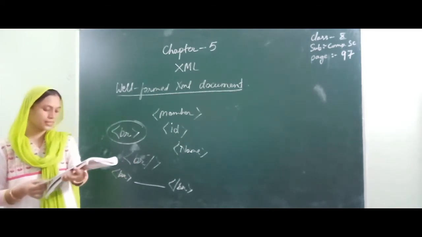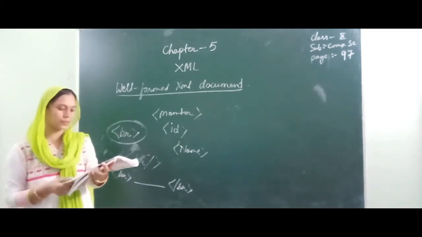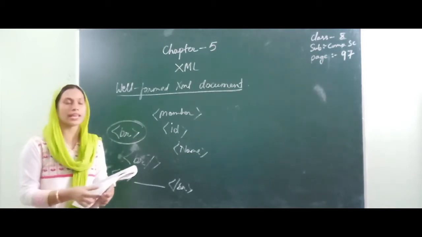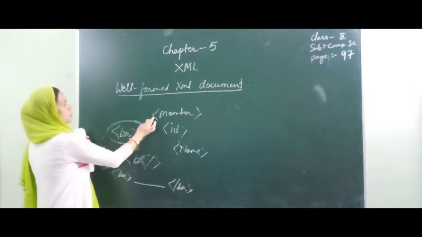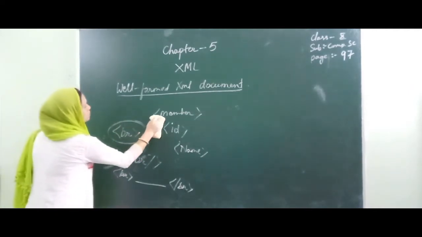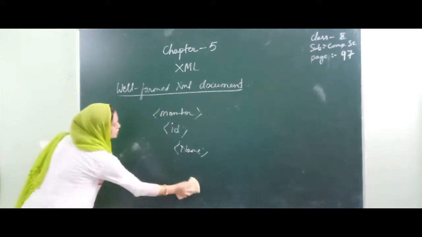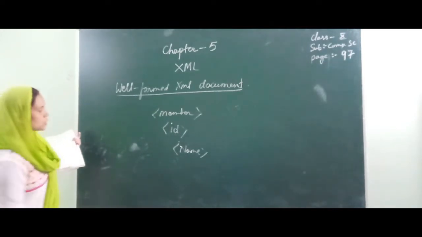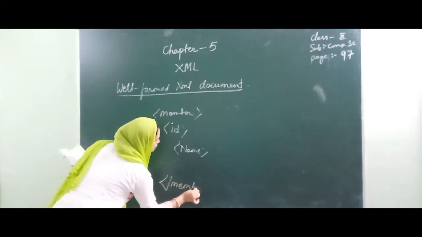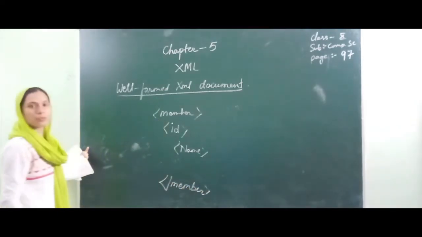Next point is XML tags are case sensitive. The start and the end tag must be of the same spelling or the case. That means if you have the member tag in a small letter, then you have to close in the small letter. When you close at the end of the document, you have to close with a small letter itself. Your spelling of the letter should be the same.